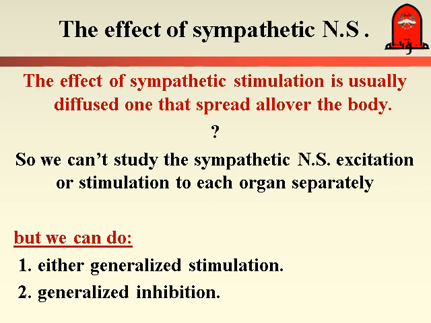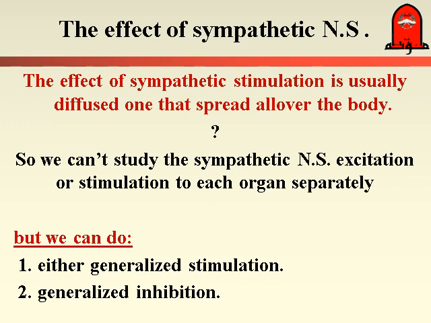Most of the sympathetic ganglia are paravertebral from the thoracolumbar region, so they have short preganglionic and long branched postganglionic nerve fibers.